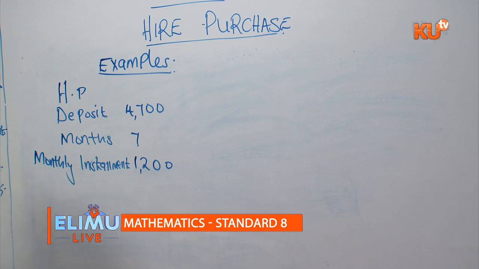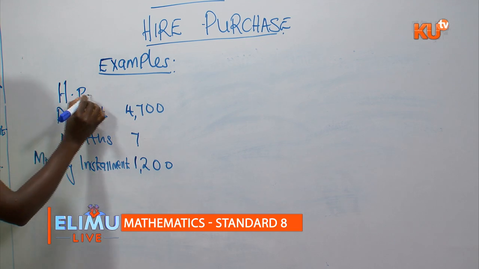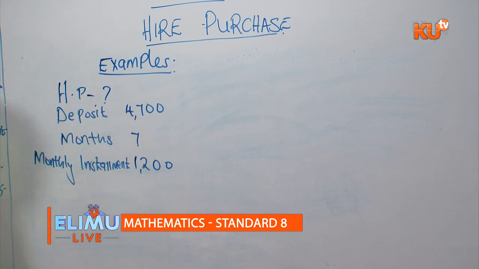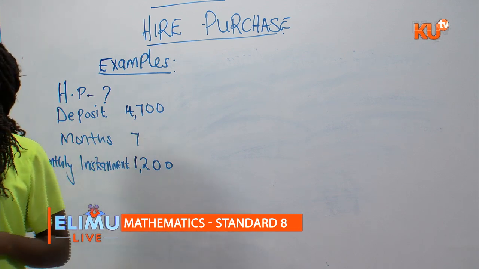Then the question was, what was the hire purchase of the microwave? We go back here. We are looking for the hire purchase. They have given us the deposit. We have the number of months, and you have the monthly installment.